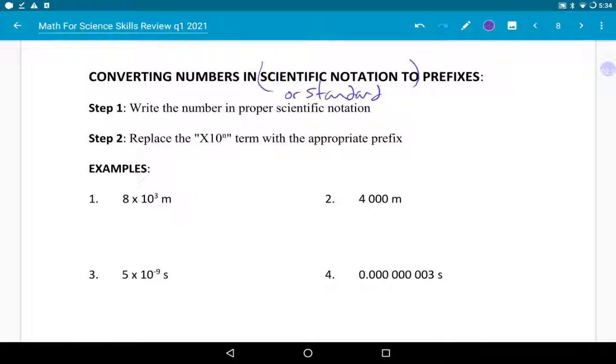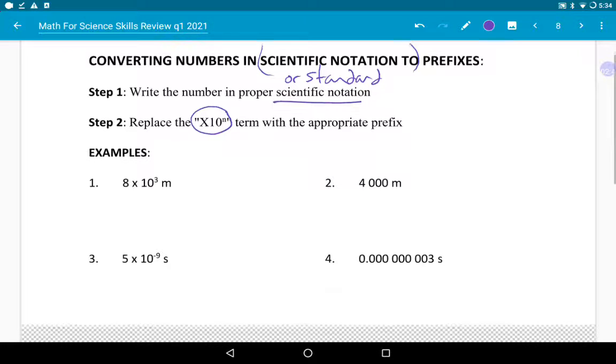From standard notation, you would want to write the number in scientific notation. Then we take the power, times 10 to whichever exponent it is, and we'll replace that with the correct prefix.